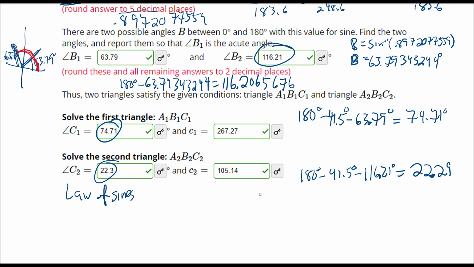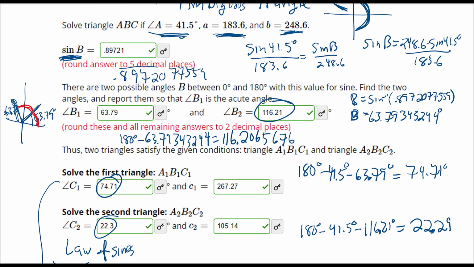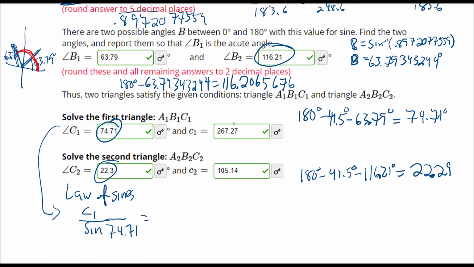What I'm going to do is first find this C1, so it would be C1 over sine of the angle C that's related to it, 74.71, equals, and when I do this, I go back to the one that doesn't have any rounding, and that's our A. So A was 41.5, little a was 183.6, so 183.6 over sine of 41.5.